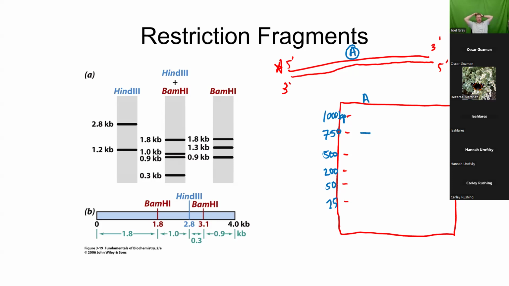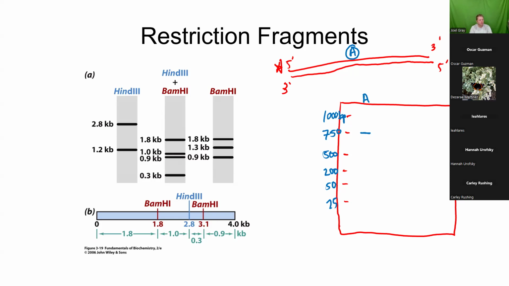Go ahead and add to the chat what you have learned about that piece of DNA, about sample A. And let me rephrase my question, make it a little bit more targeted. Do you know the size of that piece of DNA?